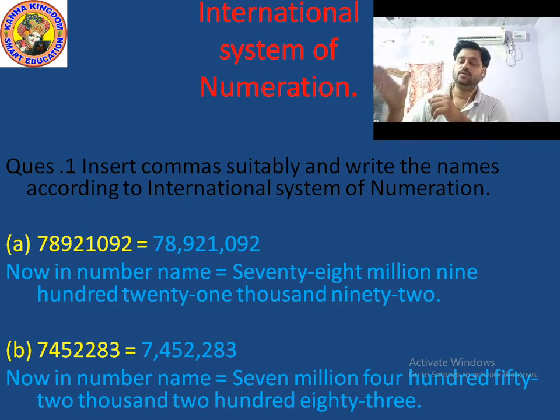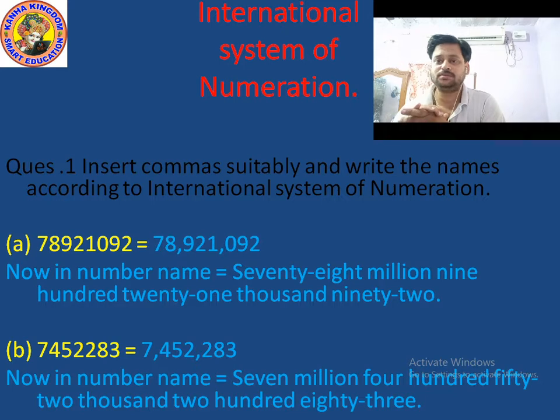Okay, so which digit in ones place? 3 in ones place. Which digit in tens place? 8 in tens place. Which digit in hundreds place? 2 in hundreds place.